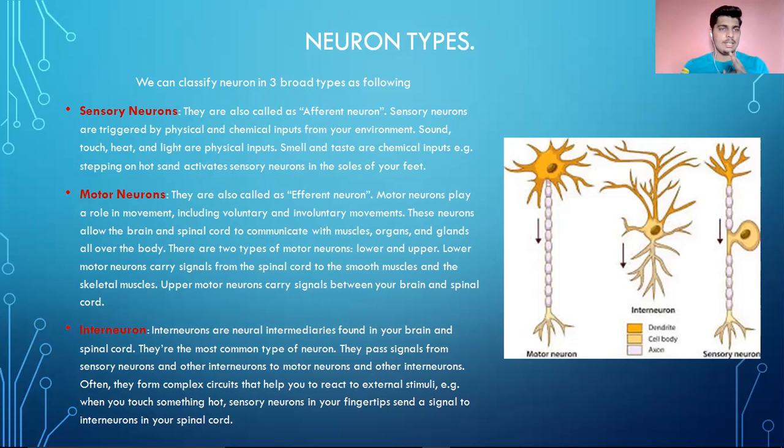Sensory neurons are triggered by physical and chemical inputs from your environment, like sound, touch, heat, light, and physical inputs like that. Smell and taste are chemical inputs. For example, stepping on hot sand activates sensory neurons on the soles of your feet.